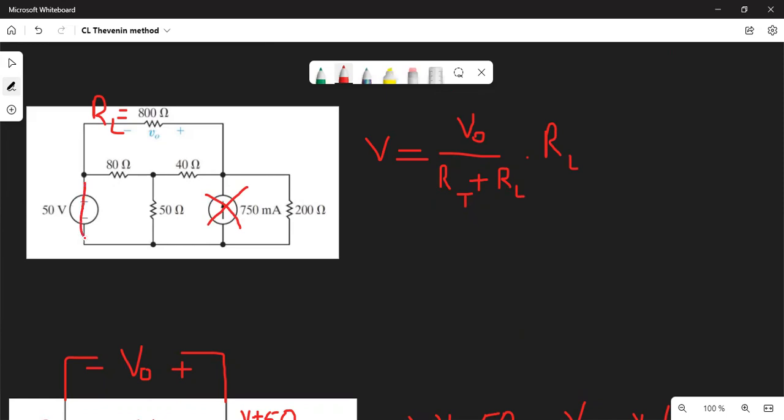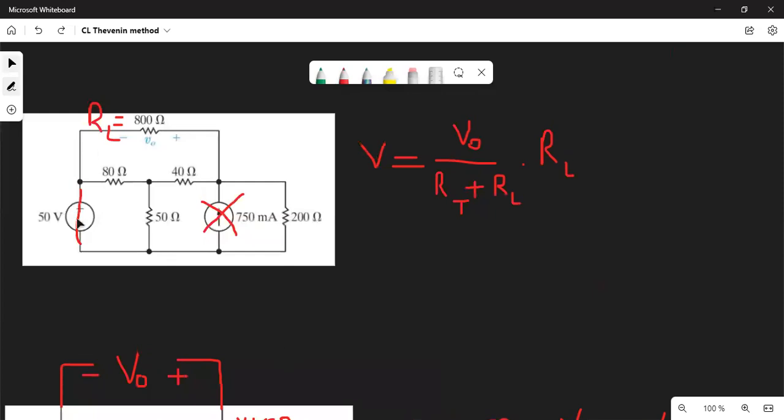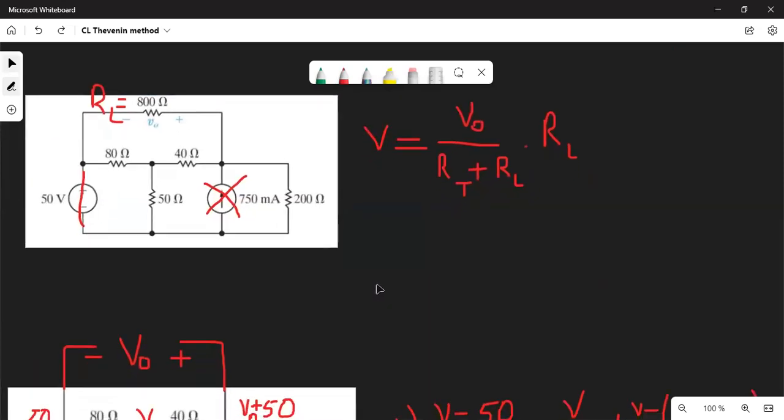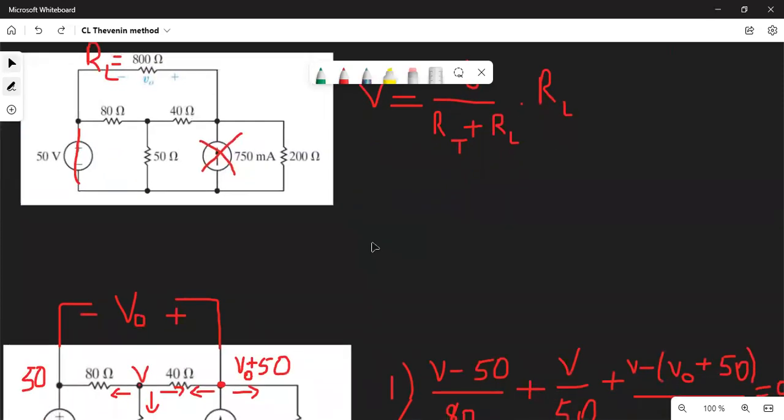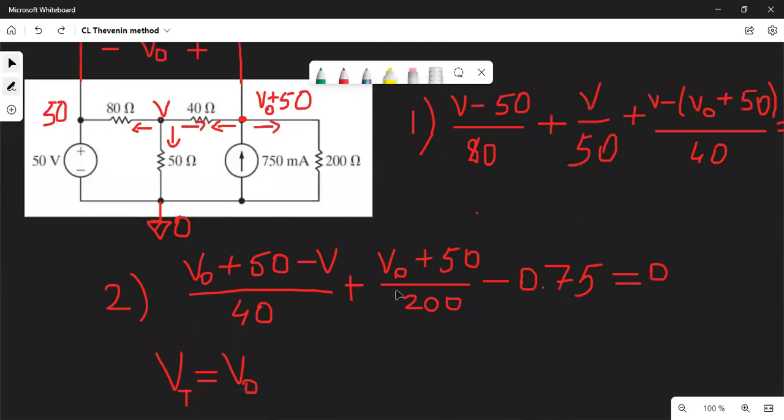Now we will have 80, 40, 50 and 200 ohms. Find R by yourself, and we're going to share the full solution later because we have just 10 minutes to close this Zoom conference.